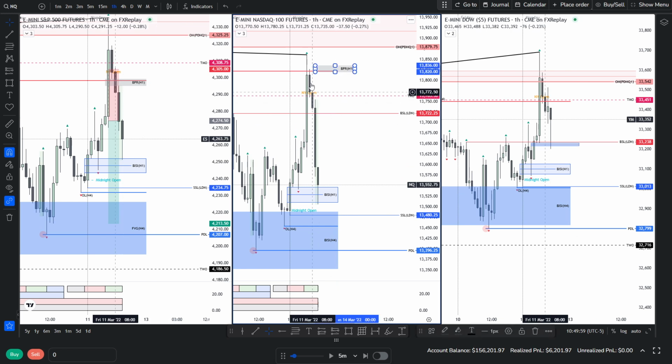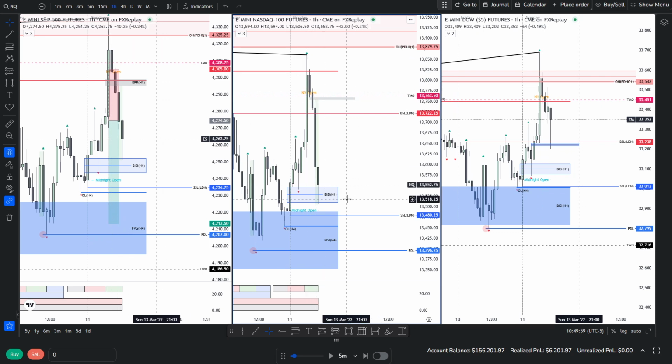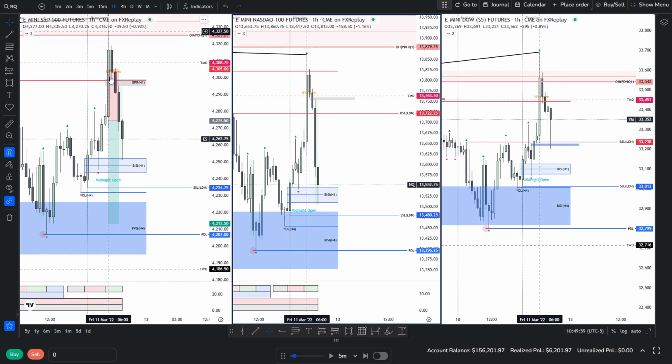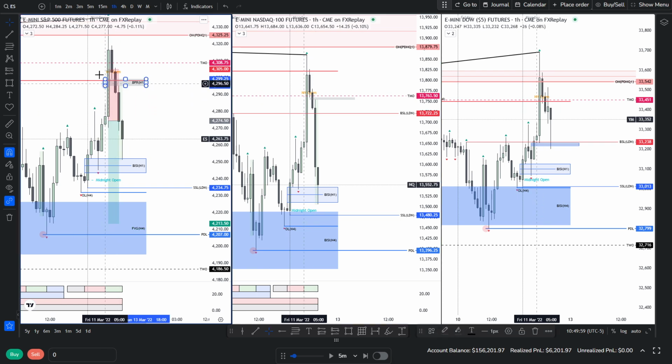Theory, if we are to be bearish, then the market should not trade back through there. We do actually have another one here as well, to be fair.